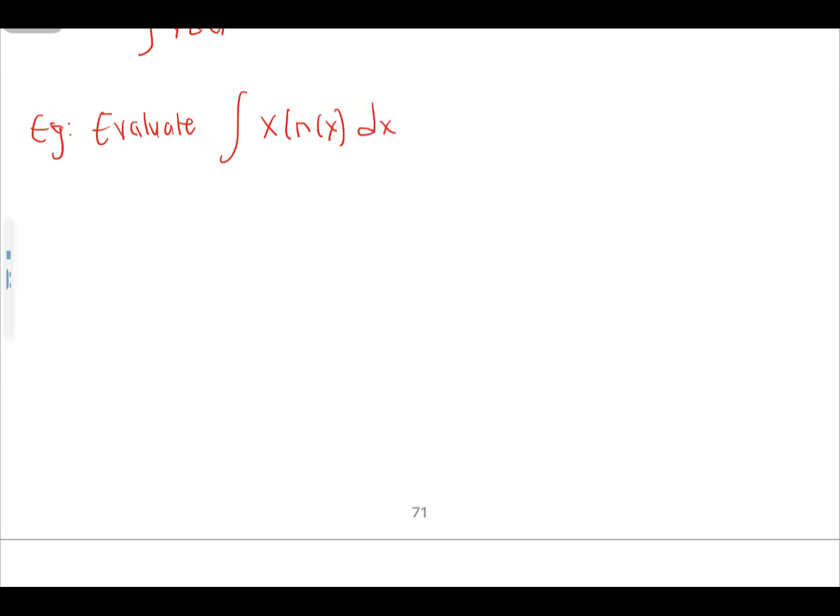I believe that we have already looked into this example, but I know that this is one of the examples that will result in a recurring integral, and doing so we'll be able to get a clear understanding of what we are trying to say over here.